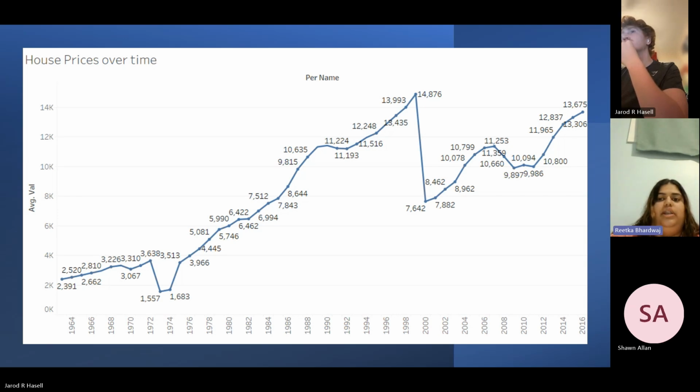13,675 USD, and this is because of economic stabilization. By the mid 2000s, the US economy began to stabilize following the recession of the early 2000s.